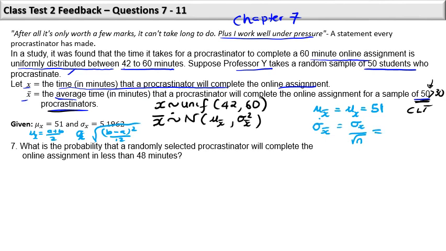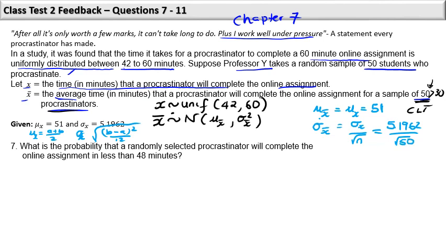So in this case, the standard error of X bar will be the standard deviation of X, which is given to us as 5.1962, divided by the square root of the sample size, which is the square root of 50.